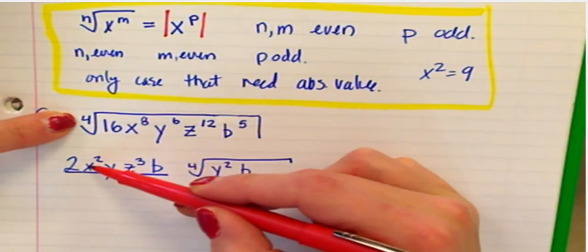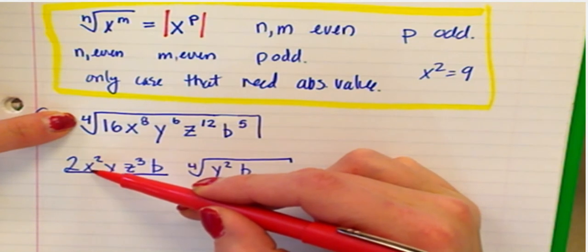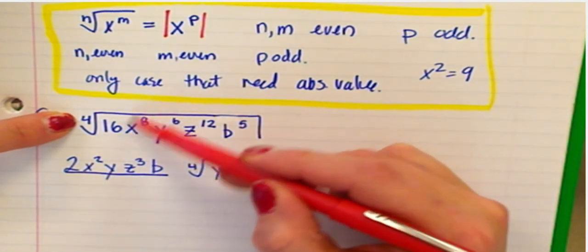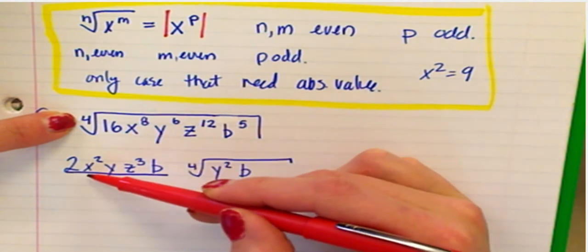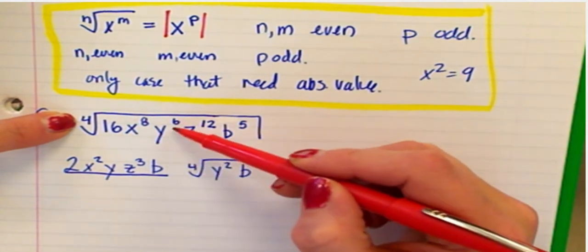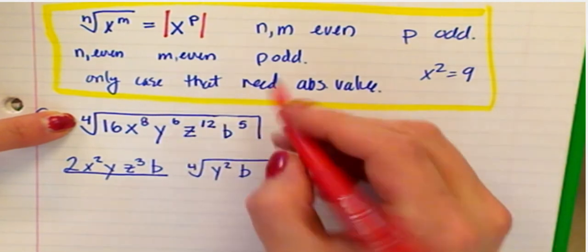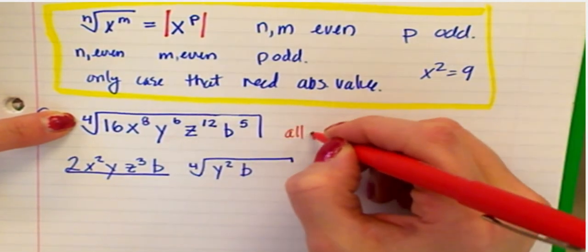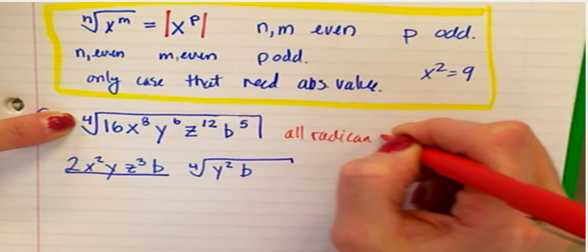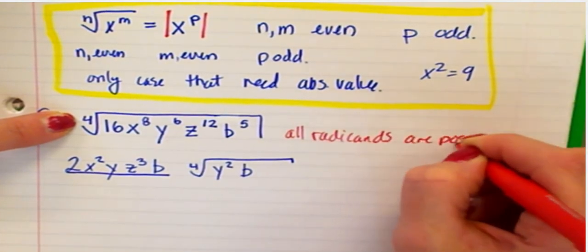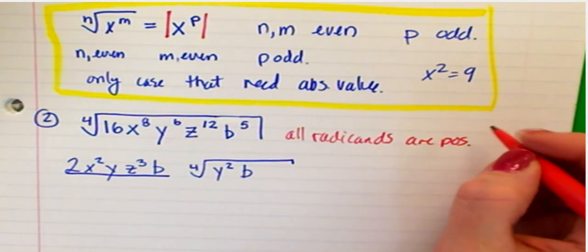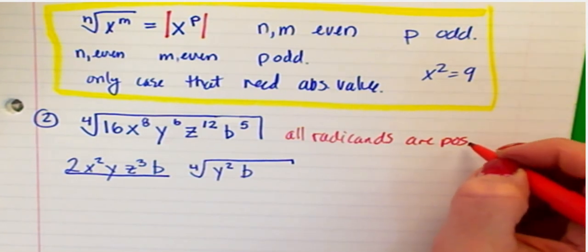Even, even, even. No. Is positive, is positive. Is always positive, is always positive. Is always positive. Right? The assumption is all radicands are positive. That is the preface of the whole unit. All radicands will be positive.